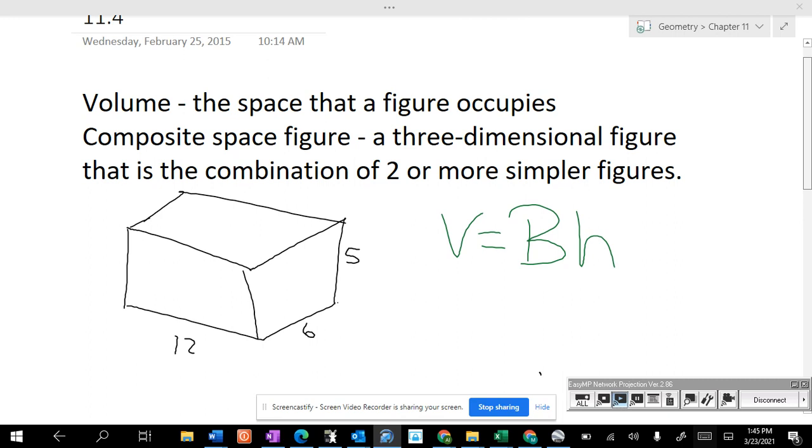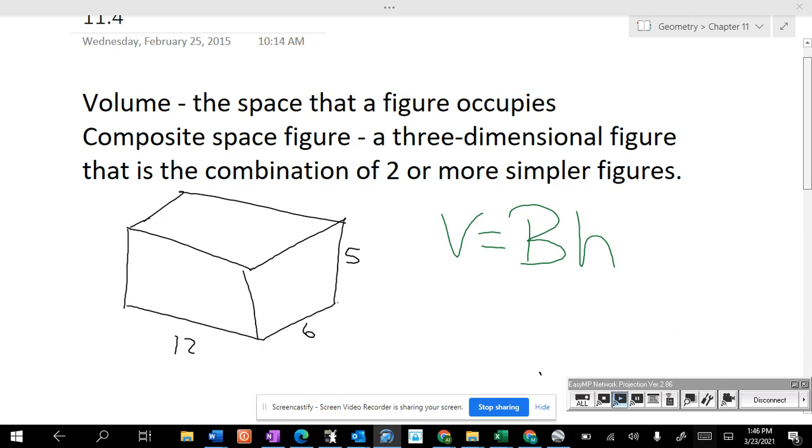A composite space figure is something that's like a box with a box on top of it, or like a water tower, because a water tower is made up of three parts. An old-fashioned water tower, that is.